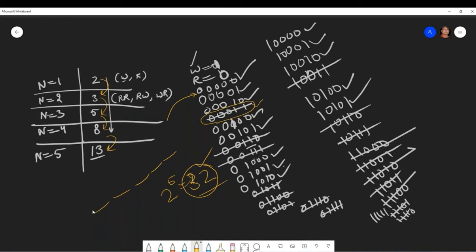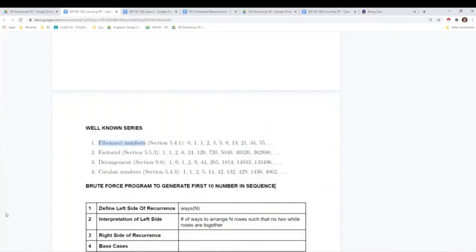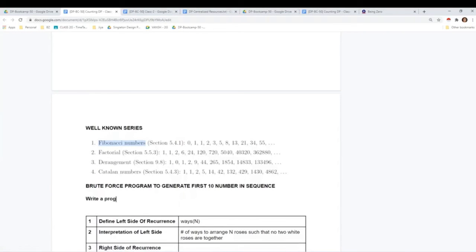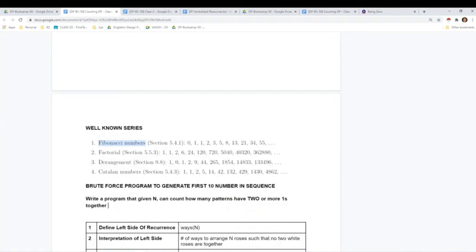So can we write a simple program? Write a program that given n can count how many patterns have 2 or more ones together. It's a brute force program, right? That requires basic programming or bitwise operator techniques.